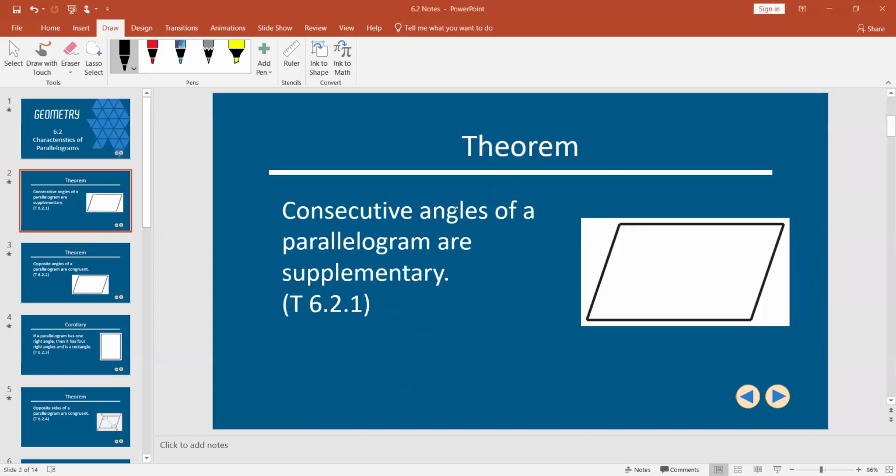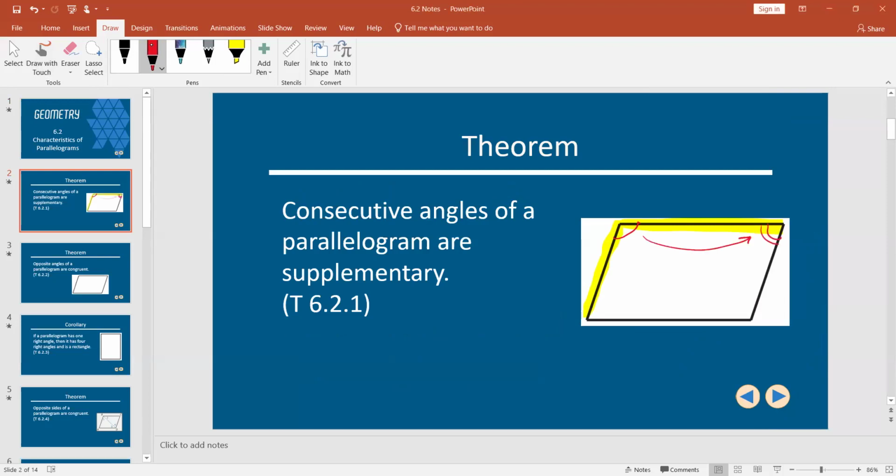So now we're going to cover some of the theorems of things we learned in section 6.1. One of these is that consecutive angles of a parallelogram are supplementary. Consecutive angles, like this side and this side, meet to make an angle here, and then the next angle that follows it is over here.